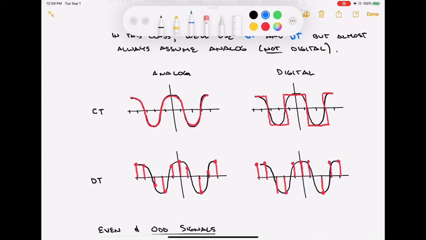So on this side here, I'm looking at a signal being classified as either continuous time or discrete time. And on the horizontal here, I'm looking at whether things are analog or digital. If we focus on this first graph here, this first graph has a signal that is both continuous time and analog. What does the continuous time mean?